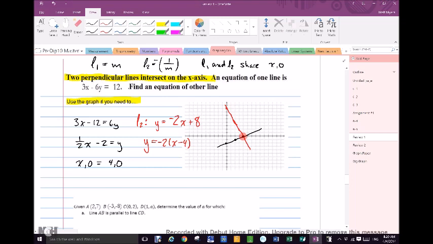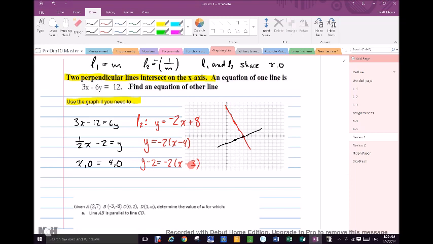Because that point is 4, 0, right? I could also have up 2 over 1, y minus 2 equals negative 2 x minus 3, right? And every infinite combination of points I could have there.